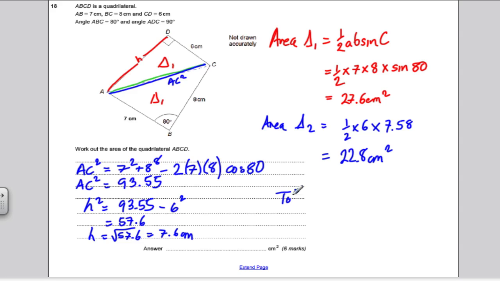So the total area must be this area plus this area, so 27.6 plus 22.8. Work that out, and you get an area of 50.4 centimeters squared.